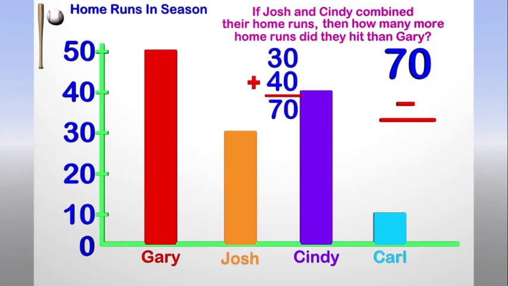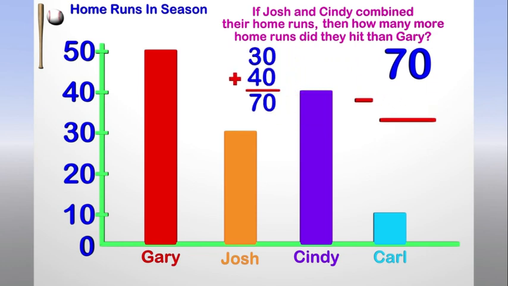We know that combined they hit 70, so we need to subtract the home runs Gary hit, which is 50. What is 70 subtract 50? The answer is 20. With their home runs combined, Josh and Cindy had 20 more than Gary. Great job, guys! You did amazing, and you sure know how to use a bar graph.